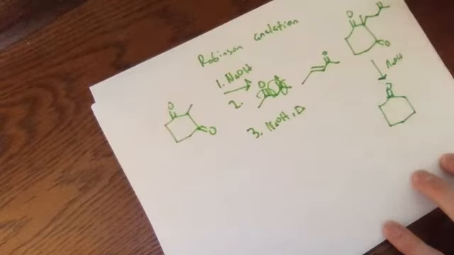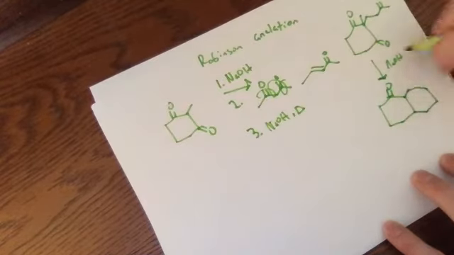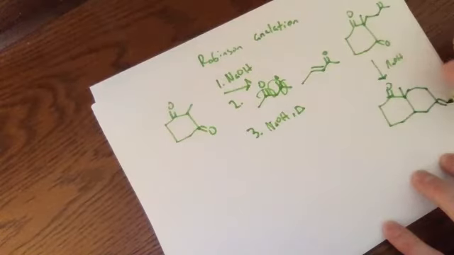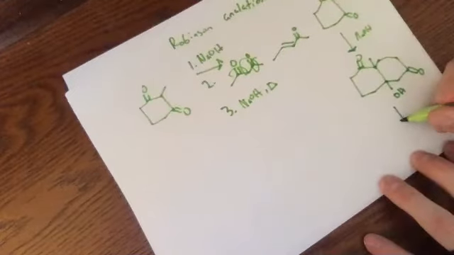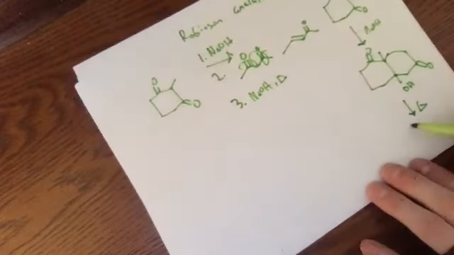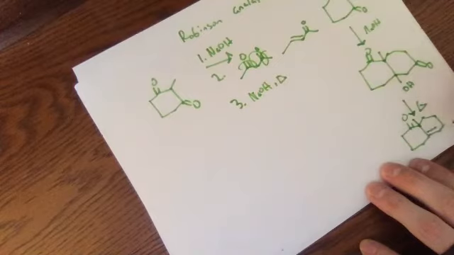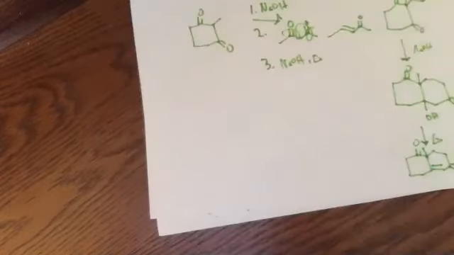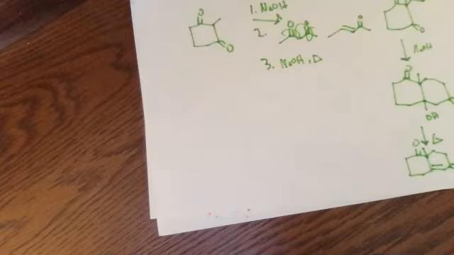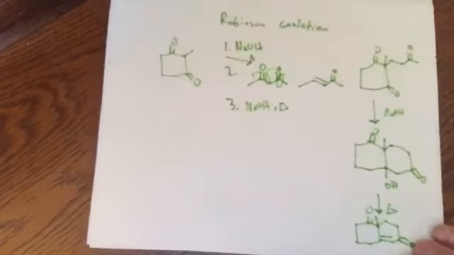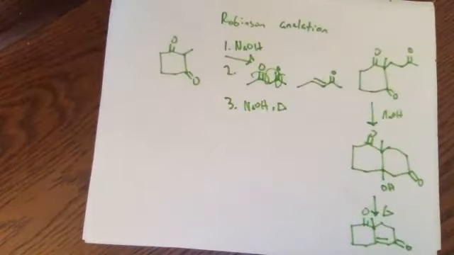I'm going to draw it attacking this one. So we would form a 1, 2, 3, 4, 5, 6 membered ring with an OH, and then using heat, eliminate it to form a Robinson annulation product. As I'm sure you can guess, this is going to be a pretty long mechanism. Give you guys a second to write that down because I think I wrote most of it off screen.